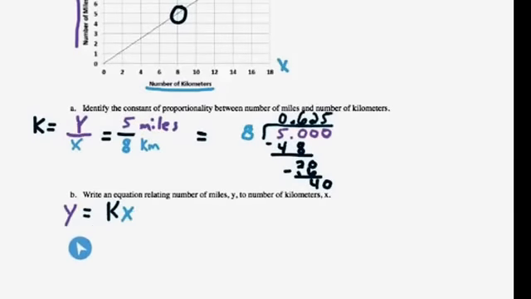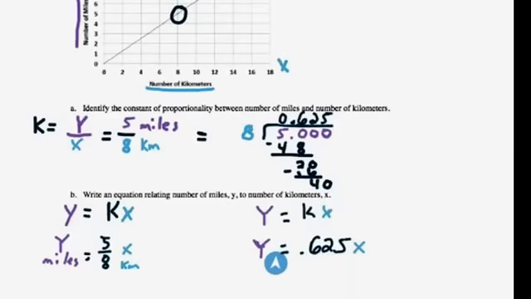So what will our equation that describes this relationship between miles and kilometers look like? So for our equation, we'll substitute the constant 5/8 for k. And so we have the equation y, the number of miles, equals 5/8 times x, the number of kilometers.